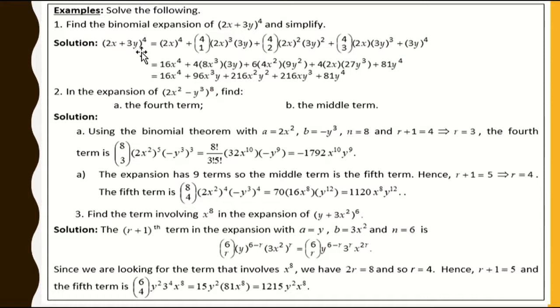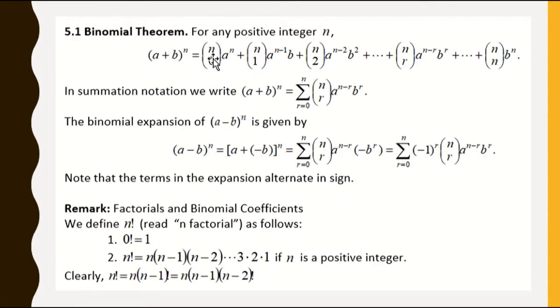Okay, so we have here (2x plus 3y) to the power of 4, which is equal to, okay, our first term, (2x) to the power of 4. That is n taken 0 at a time, so that is a to the power of n.